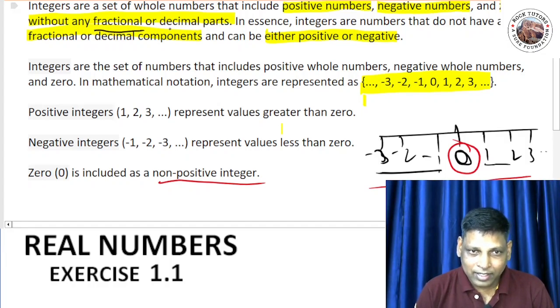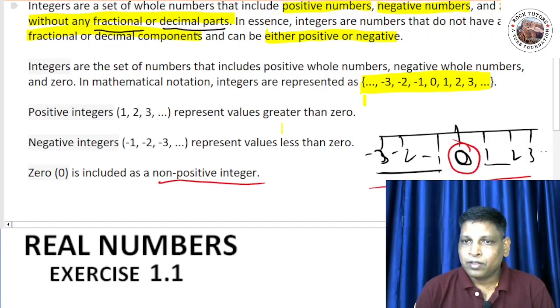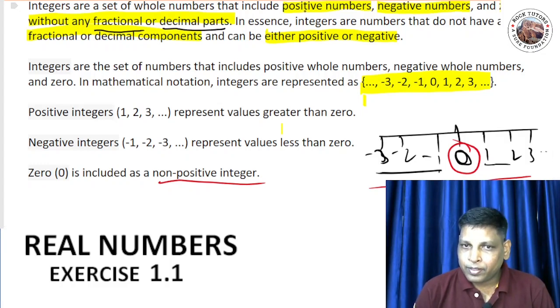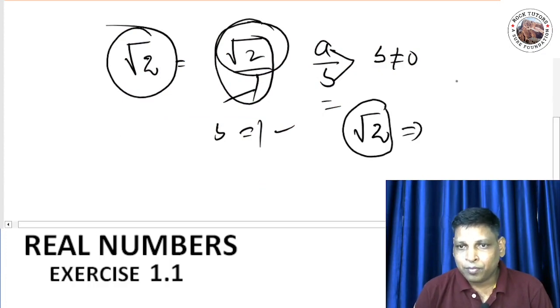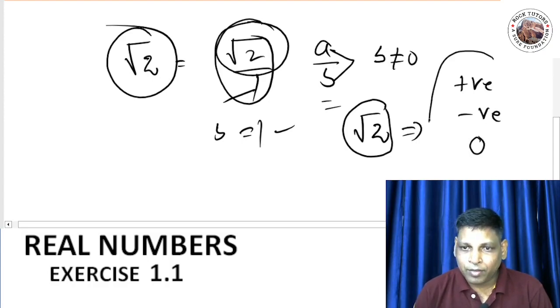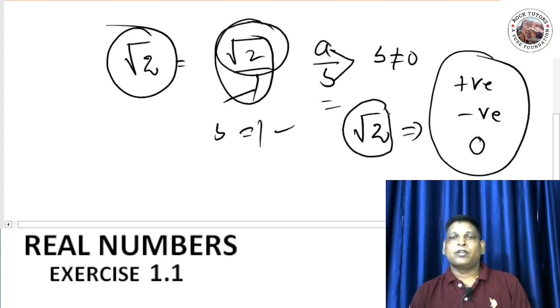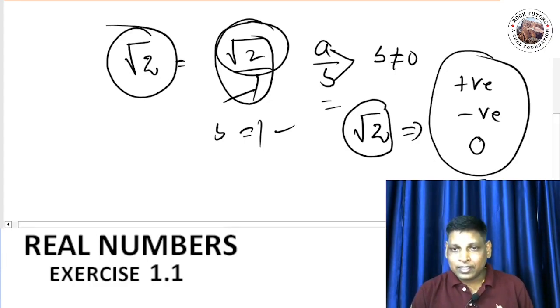Integers means positive integers, negative integers and 0. This is what the integers are.